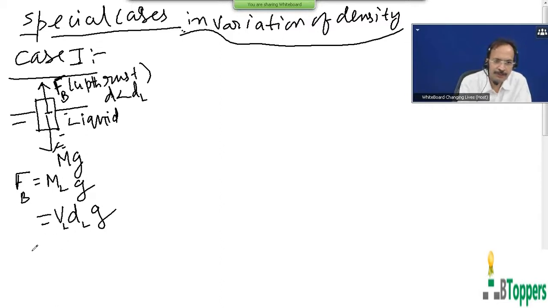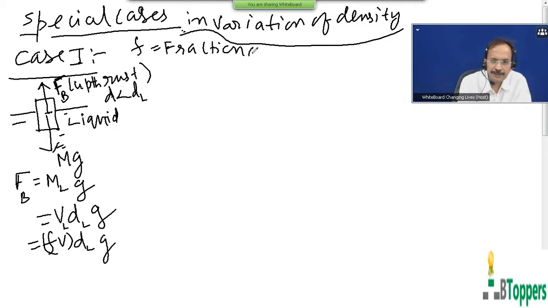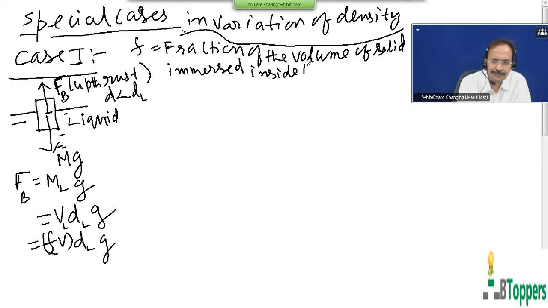The volume of the liquid displaced by the body can be written as F into V, where F represents the fraction of the volume of the solid immersed inside the liquid.